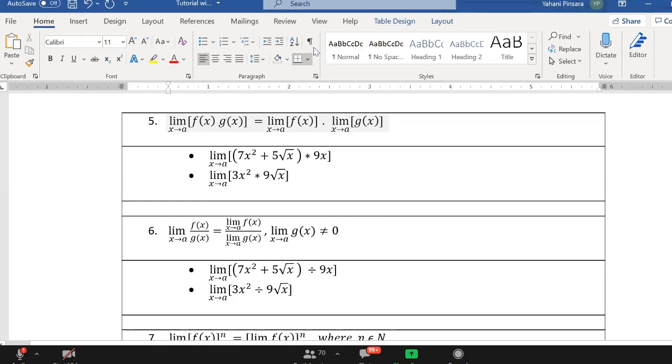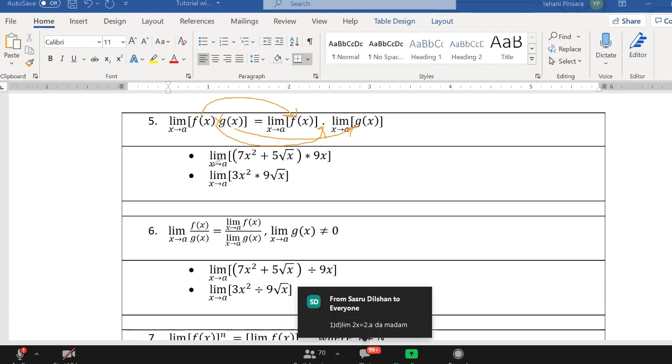There is a multiplication in between these two, right? So f(x) comes here, this multiplication comes here, and g(x) comes here along with the limit, right? So can you find the answer for this part A and part B?